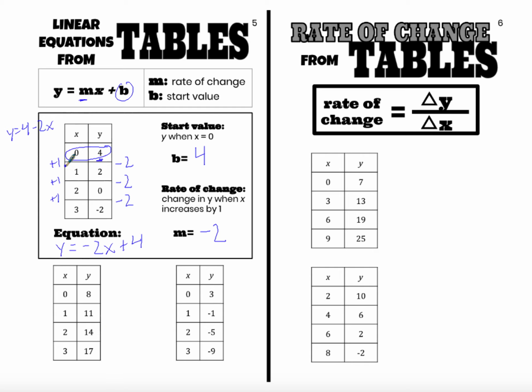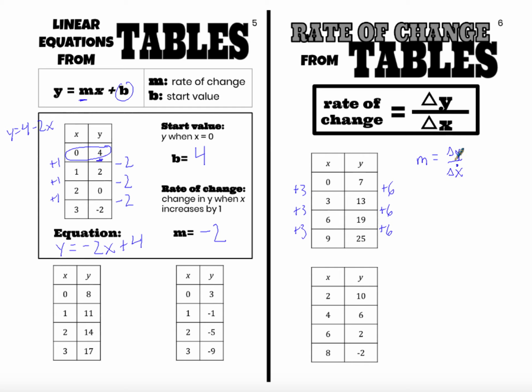When the x value is not going up by 1, and instead, for example here, going up by 3, my rate of change is not just how much y is changing by. In this case, y is going up by 6 every time, but now x is going up by 3. In this case, I find my rate of change as delta y over delta x.